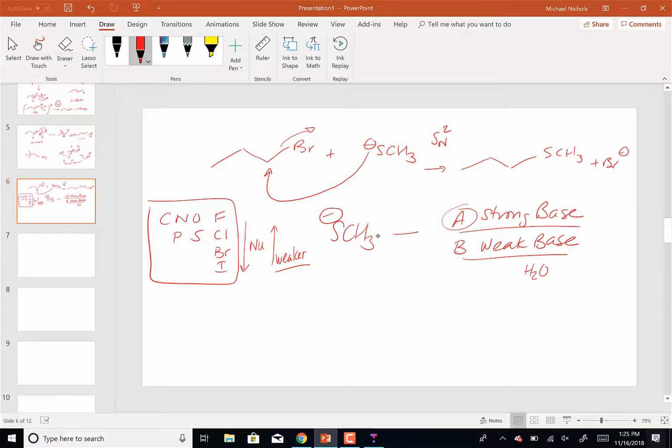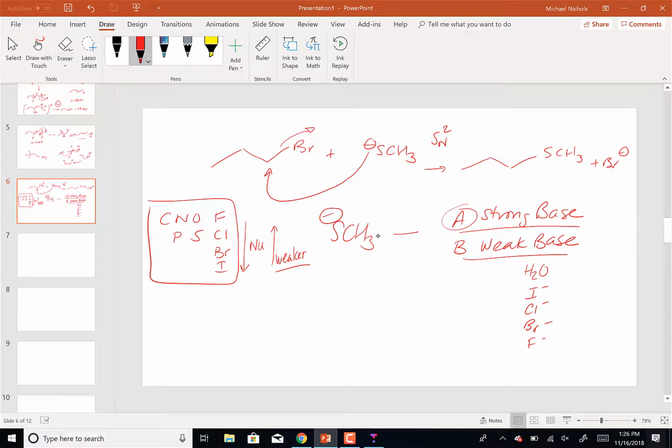And by weak, so let's draw a connection. Weak bases are what kind of leaving groups? Good. So what good leaving groups do we have? Because by definition, they'll have to be weak bases. Iodide, all the halogens, chloride, bromide, suppose fluoride.